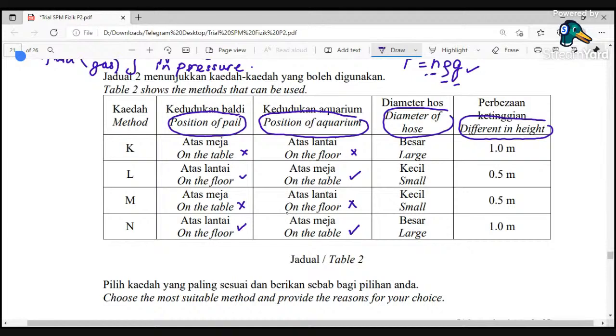So better to choose the large one. Small or large, the pressure is not affected, so you are free to choose. I choose the large one. Okay, the difference in height must be higher. 1 meter, 0.5, 0.5, 1 meter, which is 1 meter.